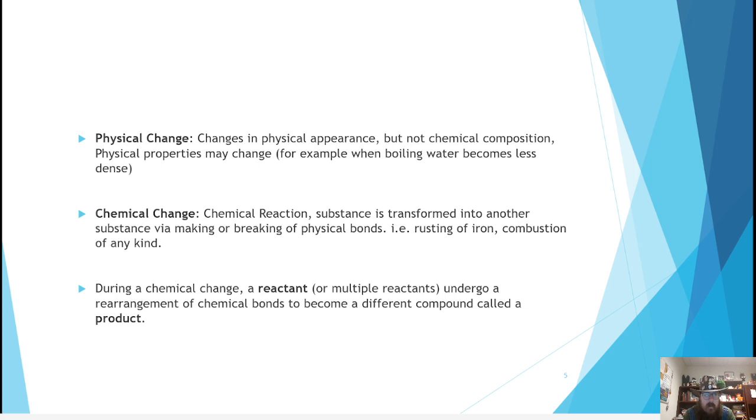All these examples we can have when we add acid to a base, we're making a new bond between a hydrogen cation and a hydroxide anion, neutralizing to form water. But during a chemical change, a reactant, or oftentimes multiple reactants, will undergo a rearrangement of chemical bonds to become what we call the product.